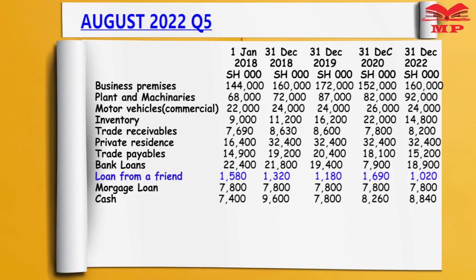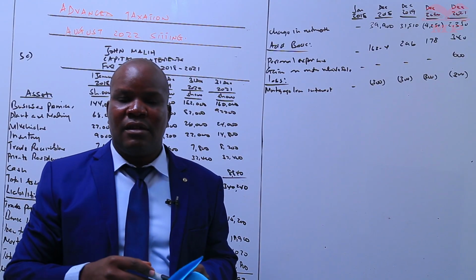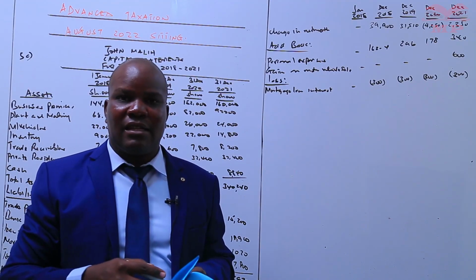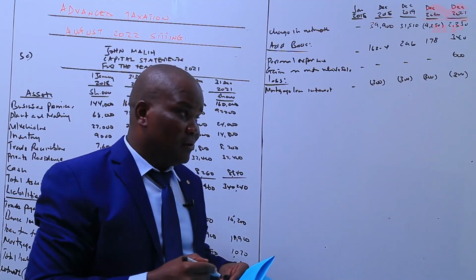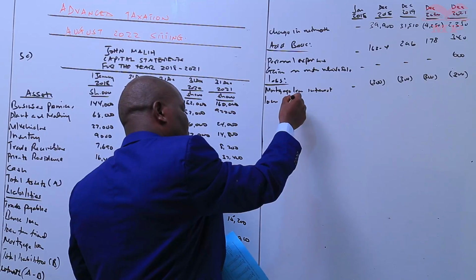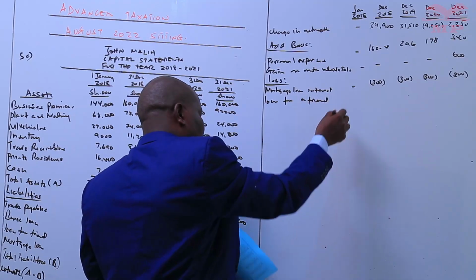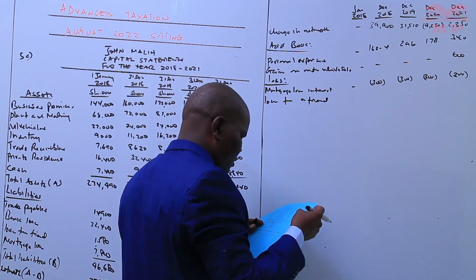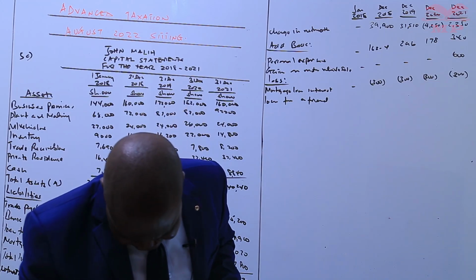And lastly, we have this item called loan from a friend. Now, loan from a friend is not a business item. Again, it is not a taxable income. So because of that, we deduct it. So we write here loan from a friend.